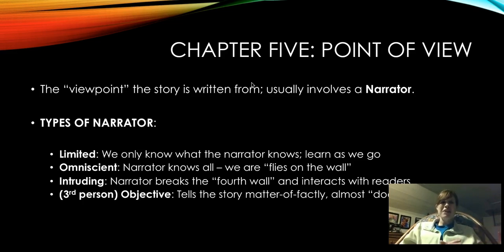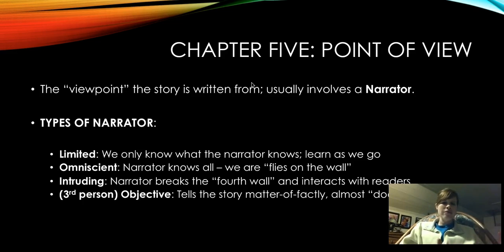Omniscient, I think, is the one that we think of most, even if we don't know what it's called, and that is the narrator that knows all. The narrator has already seen everything that has happened in the story, and we are just flies on the wall watching the story take place. So usually when a character recounts a memory and that's the story, then we're using an omniscient narrator.